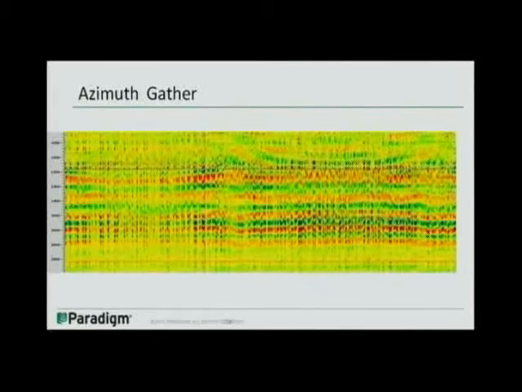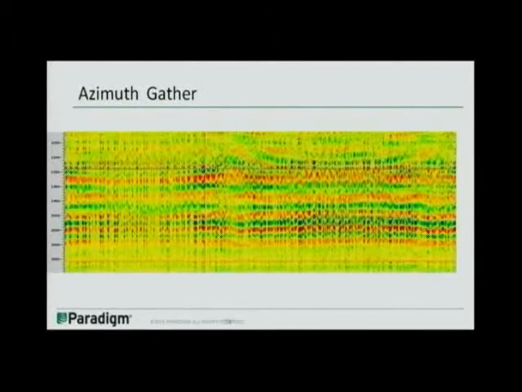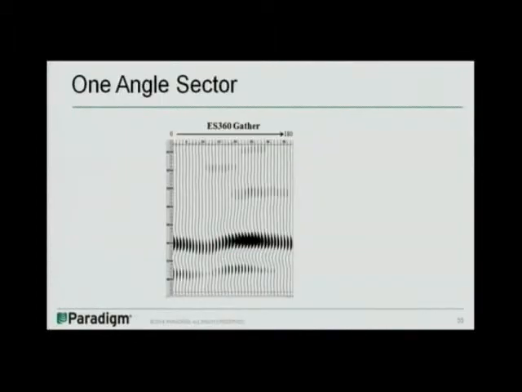By making it flat, we can detect the function that we need in order to flatten it. And this function gives us the information that we want, which is the velocity variations as a function of azimuth and the orientation.